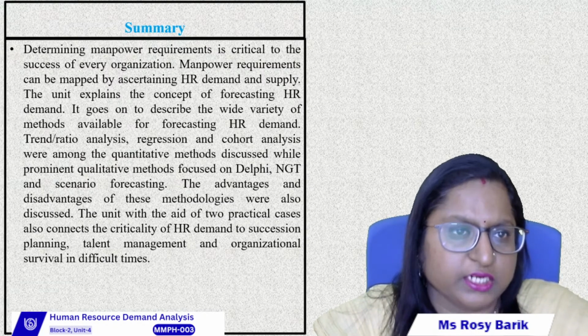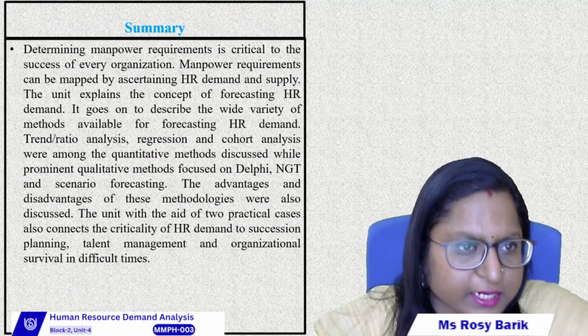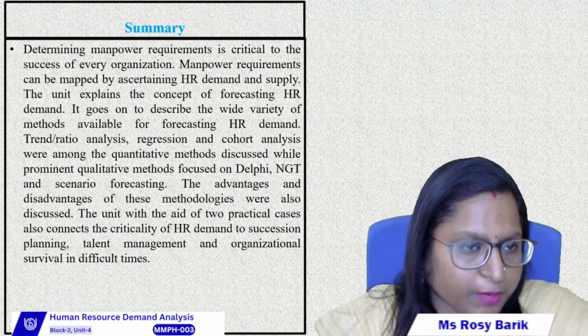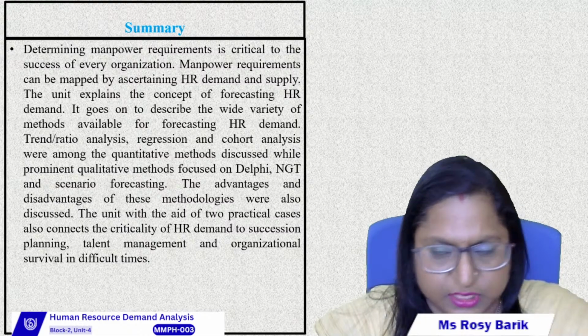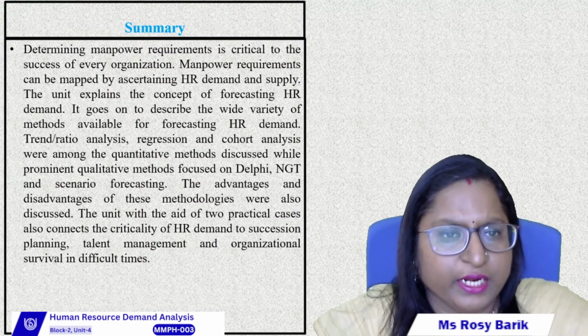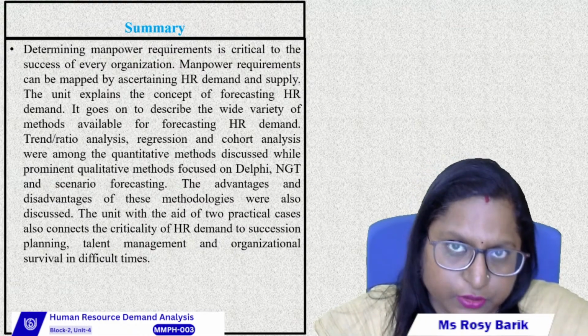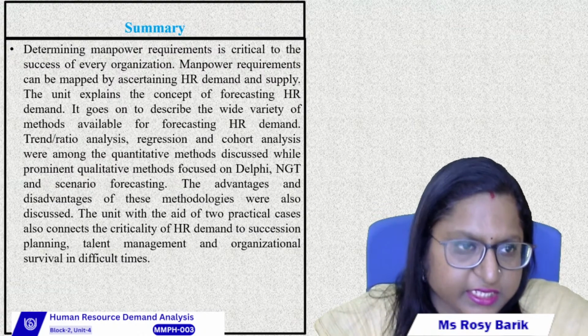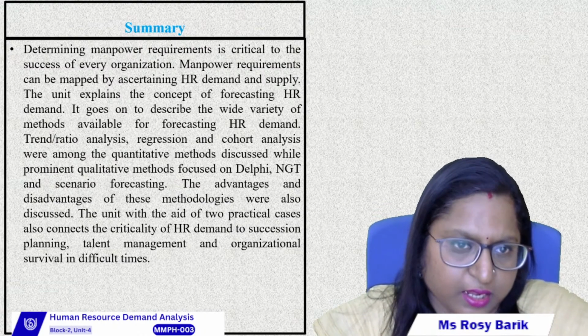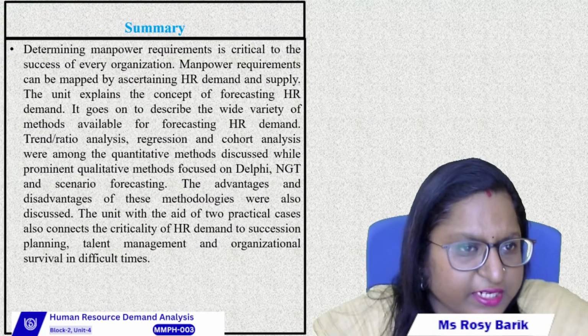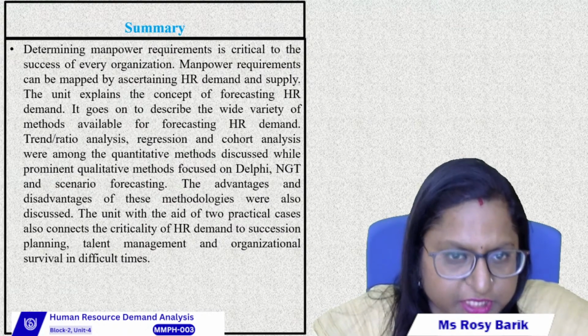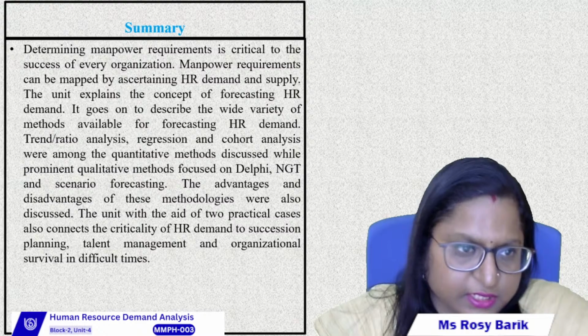Trend ratio analysis, regression, and cohort analysis came under the quantitative methods discussed, while prominent qualitative methods focused on Delphi, NGT, and scenario forecasting. The advantages and disadvantages of these methodologies are also discussed.